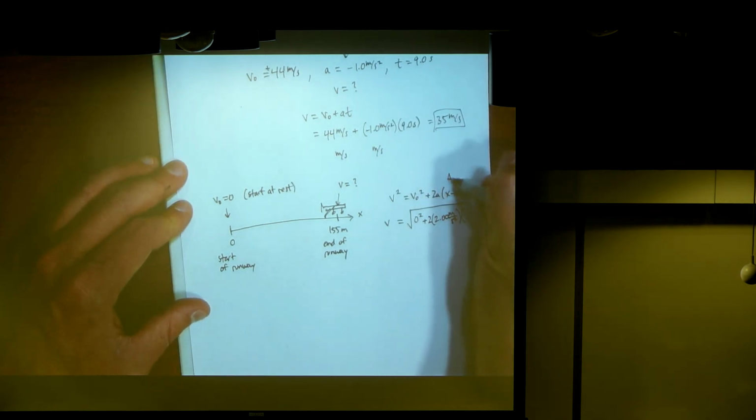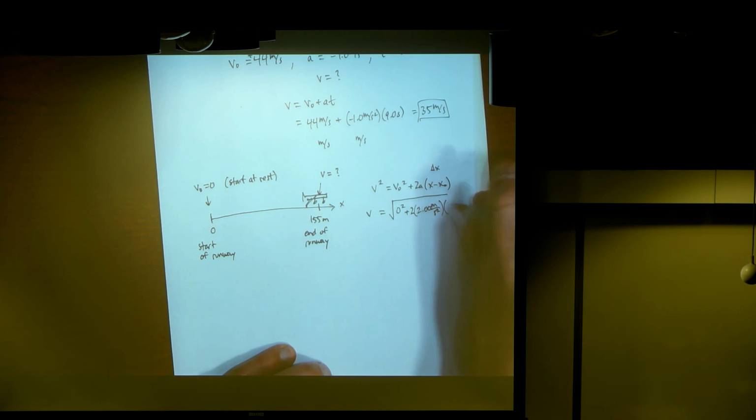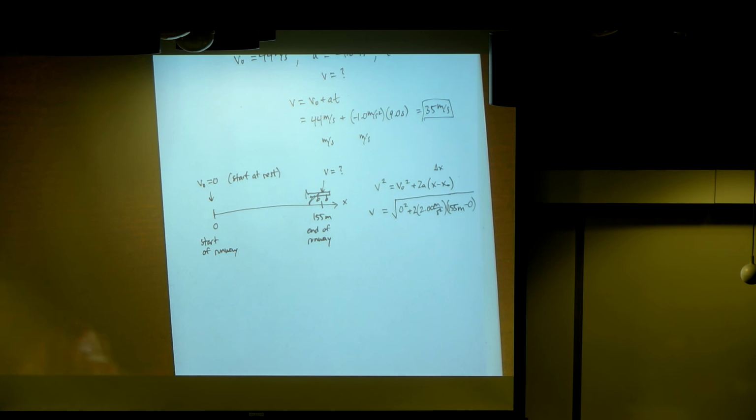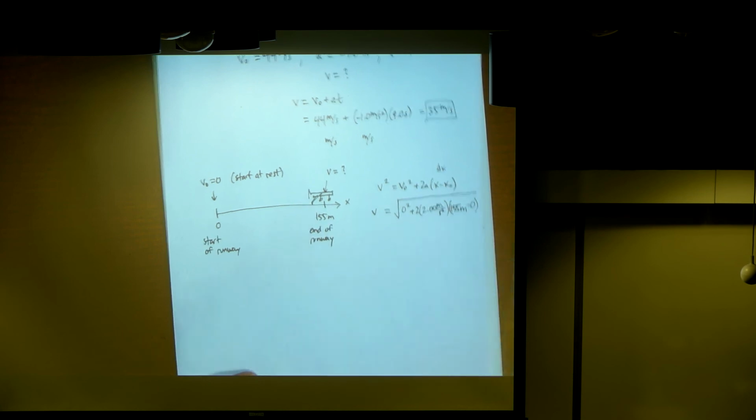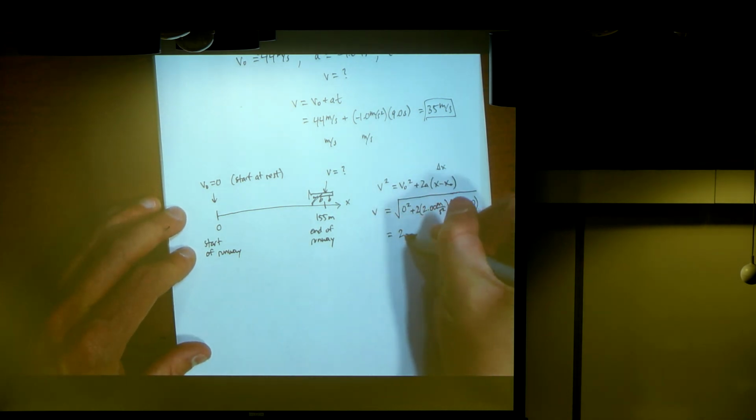Like I said, you could just think of this as the displacement, delta x. How far do we move while going down the runway? 155 meters. Yeah, you can think of it this way. It's 155 meters when we reach the end of the runway. That's our x value. And it's 0 at the beginning. So basically, what I'm plugging into my calculator is the square root of 2 times 2 times 155. And what does that come out to? 24.899. So 24.9 meters per second.